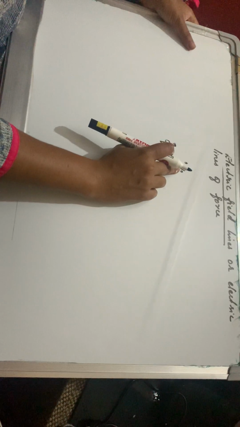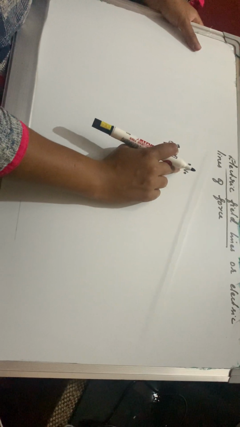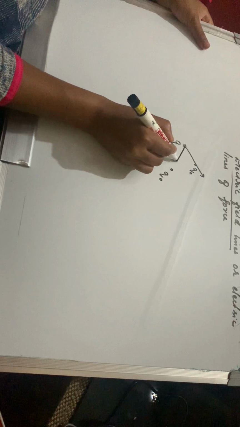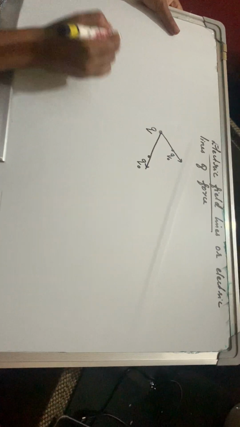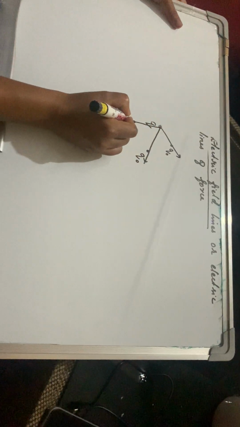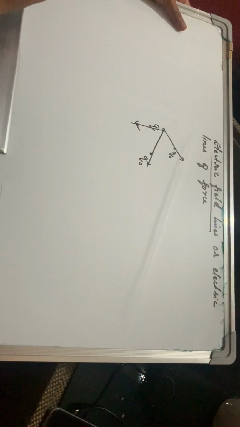Like in this case, the mouse will go along this direction, right? If you keep the mouse here, that is a test charge, in what direction will it go? It will go along this direction, repulsion. If you keep it over here, it will go along this direction, right?